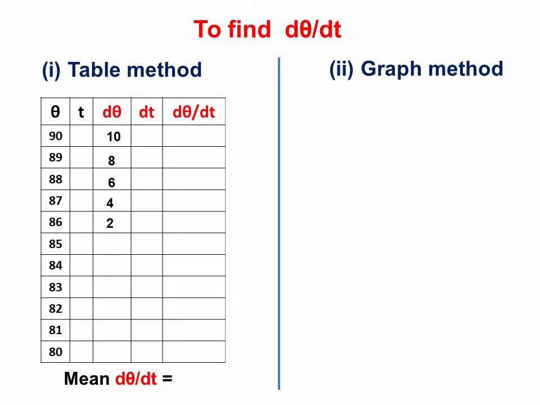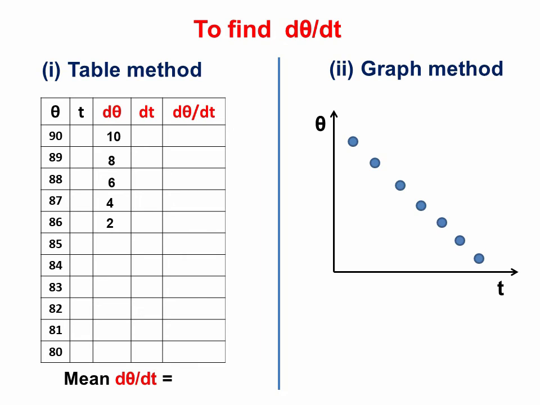As usual, consider the x axis and y axis, taking t along the x axis and theta along the y axis. Then plot the values of theta corresponding to t in the graph. It is inversely proportional. That means as time increases, temperature decreases.